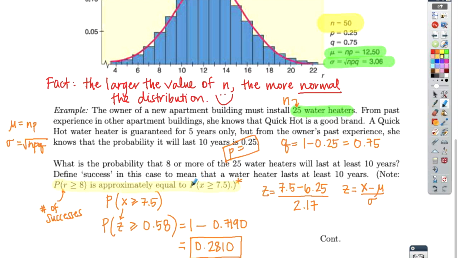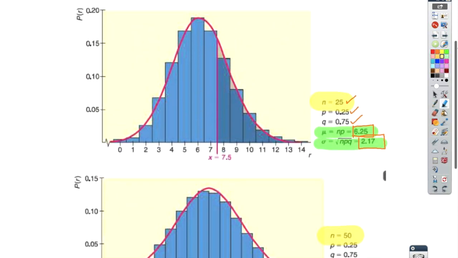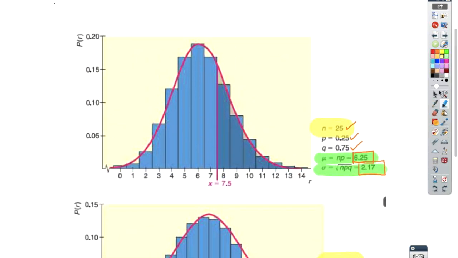We found the probability that X is greater than or equal to 7.5. So let's think about why that is, and to do that, we're going to look back up at this distribution that we used to find the mean and the standard deviation.